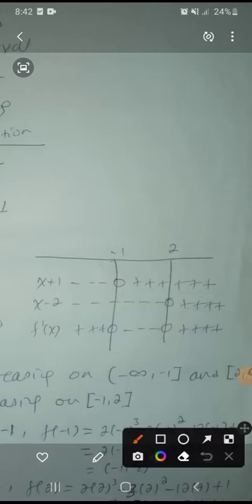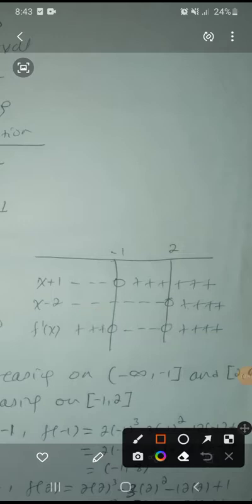Then f'(x) is the product of the two, so negative times positive is negative... negative times negative is positive, positive times negative is negative, positive times positive is positive.